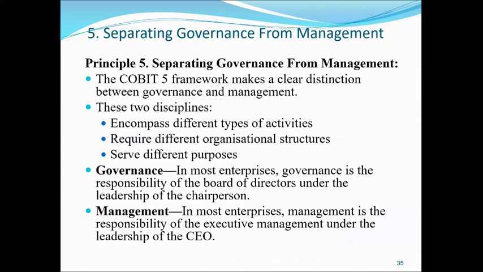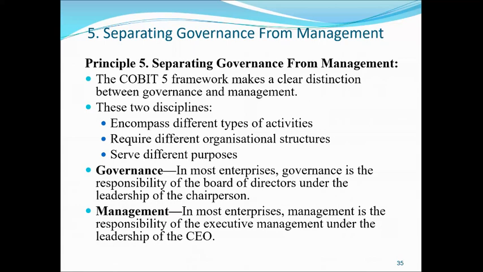Principle 5. Separating governance from management, as I told you, the board and the management. The COBIT 5 framework makes a clear distinction between governance and management. These two disciplines encompass different types of activities, require different organization structures, and serve different purposes.